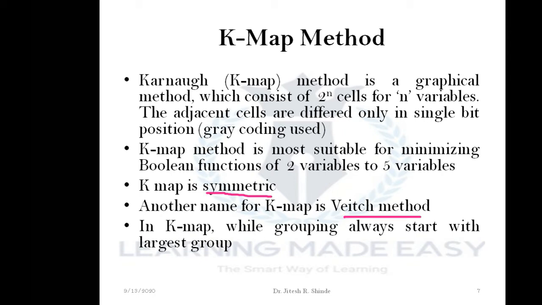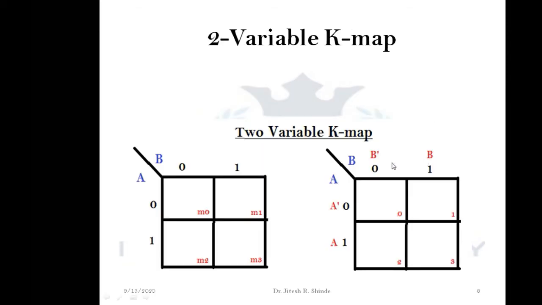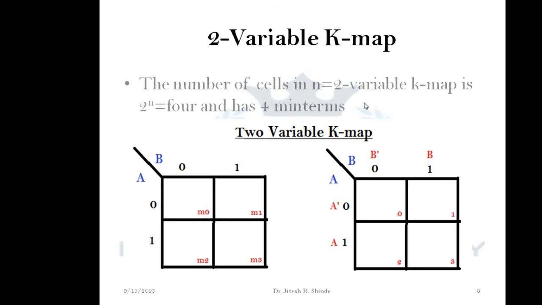Let's move onward. 2 variable K-map. The number of cells in a 2 variable K-map is 2 to the power n, where n is the number of input variables. So 2 to the power n means how many cells are there? 4. And it has 4 minterms. Now, this is one of the first ways we can draw a K-map. I am drawing it here again for you.